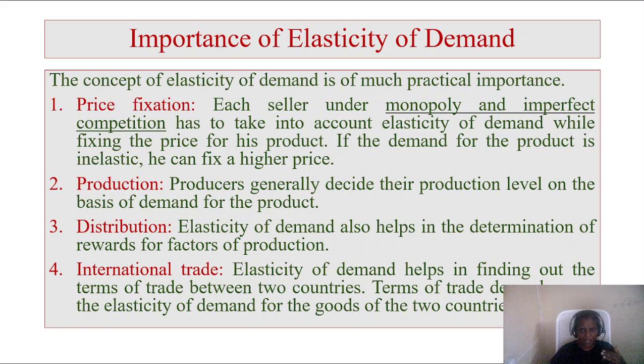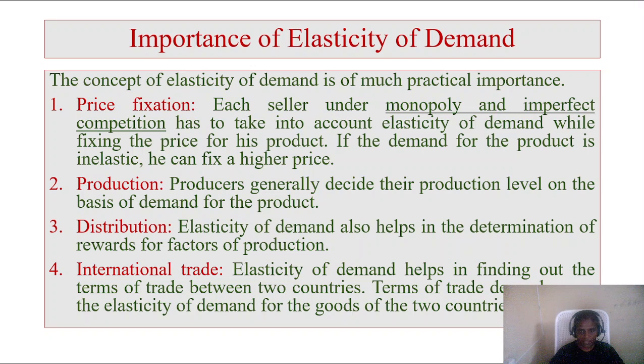If they forecast that demand is very low, will they increase their production? No, they will not, because it is going to be a loss for them. So they decide production by analyzing the elasticity of demand for their commodity, which we call production. Then the next importance of elasticity of demand is distribution.